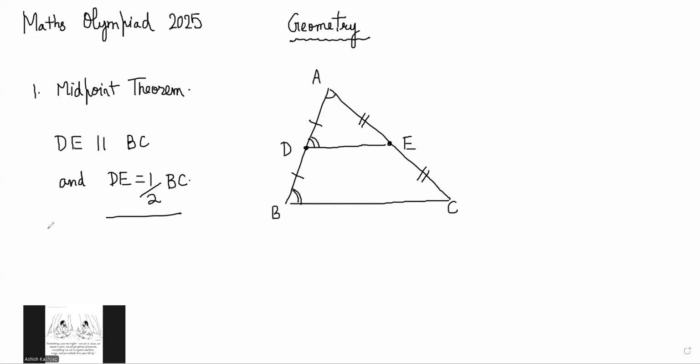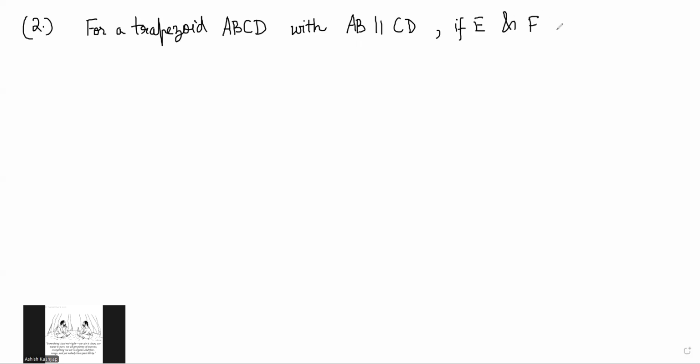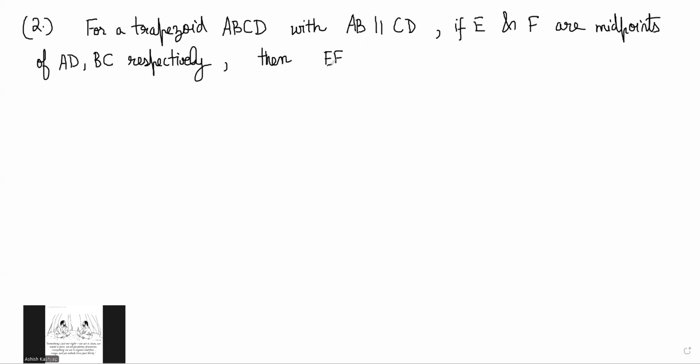Then the next theorem is this one. For a trapezoid ABCD with AB parallel to CD, if E and F are midpoints of AD and BC respectively, then first of all, just like in midpoint theorem, EF will be parallel to AB parallel to CD.